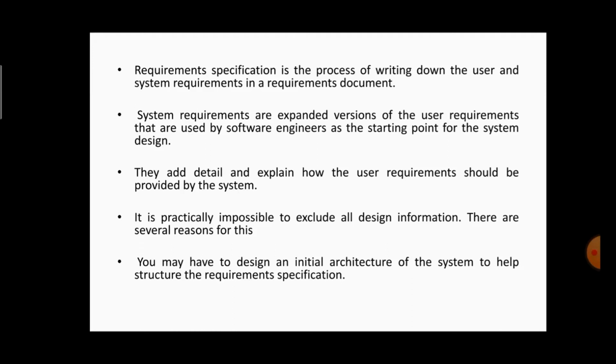You can see in the first step the requirements will be in the form of English-like statements, then I will add the details and convert that into diagrams. Later the diagrams will be converted into programs. You can see that in each step extra details will be added. And one more important thing, it is practically impossible to exclude all design information. Obviously, design plays a very important role here.